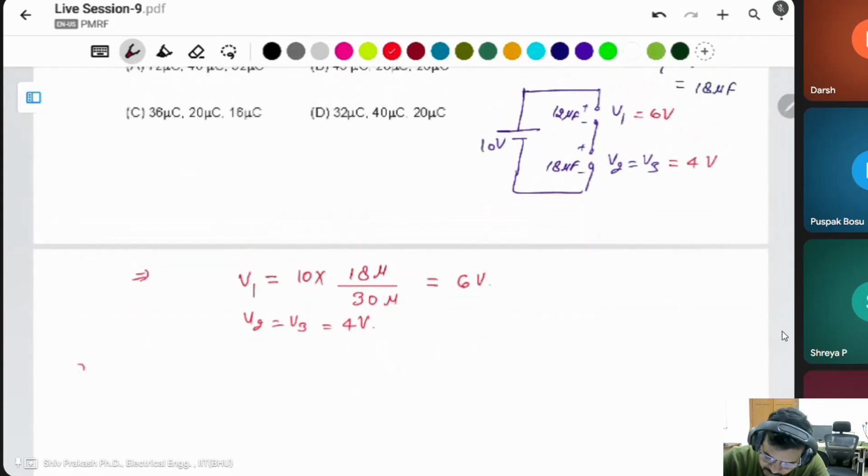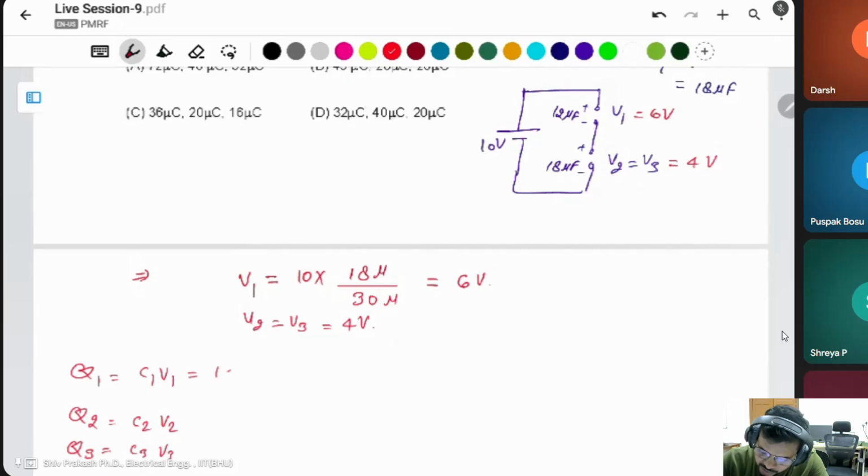Then what is the value of Q1, Q2, Q3? Q1 is equal to C1 V1, Q2 is C2 V2, Q3 is C3 V3.